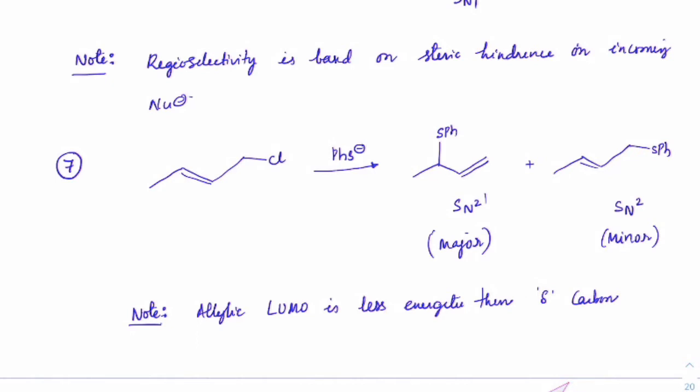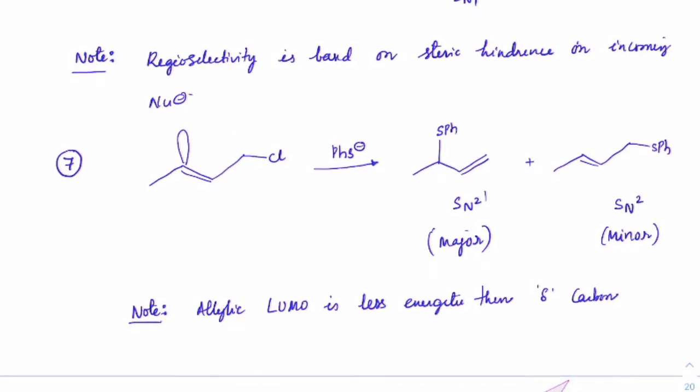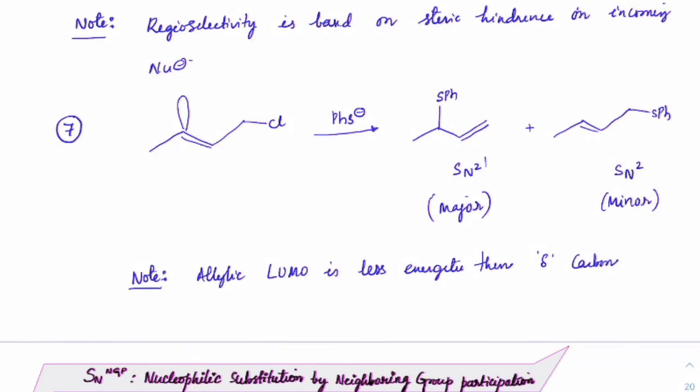You can think about it this way, guys, because here it is the allylic carbon, which is actually pi star, while here it is only sigma star. So between sigma star and pi star, pi star would be at the lower energy, so attack would be there. Guys, have you understood that, everyone?